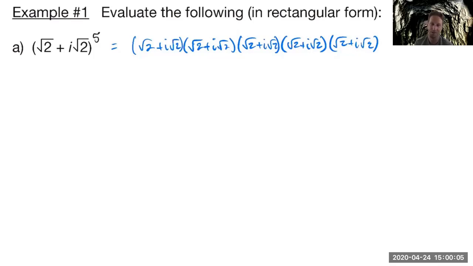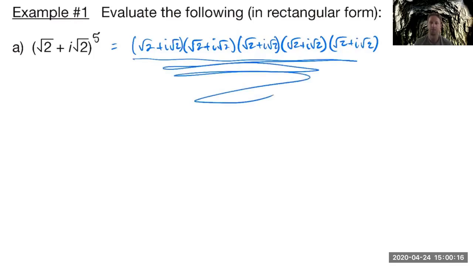So be very, very cognizant of the fact that I know this seems a little bit weird and like a lot of work, but trust me, it's a lot less work than foiling, distributing all of that out, simplifying it, and then doing it again for the next, and then the next, and then the next. It would be very arduous and you'd probably make a mistake, if not in one place, multiple places.